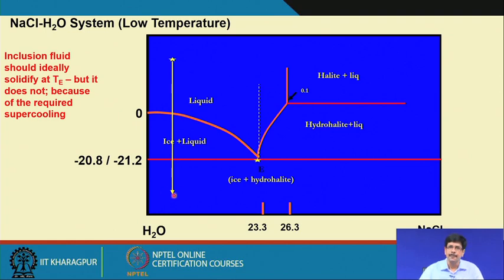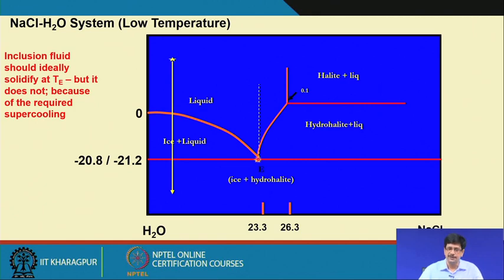This is far below the eutectic temperature, so what is done is to reverse the process and slowly warm up that frozen inclusion to gradually higher temperatures. As we know, with increase in temperature from a value far below the eutectic, eventually we will be reaching the temperature corresponding to the eutectic.